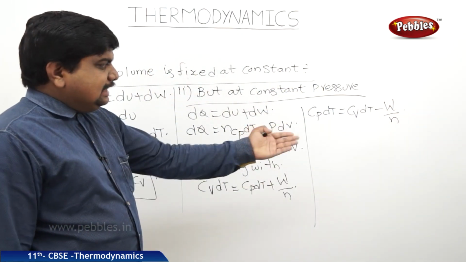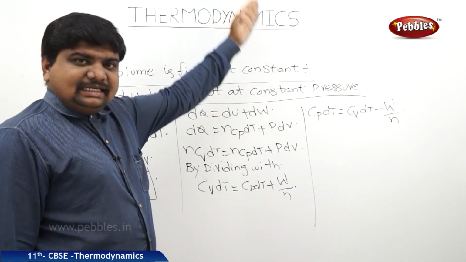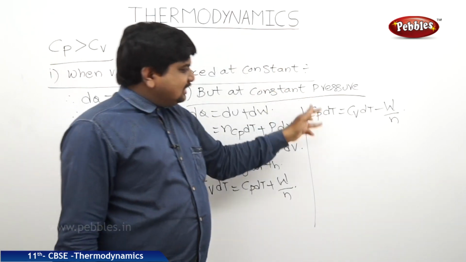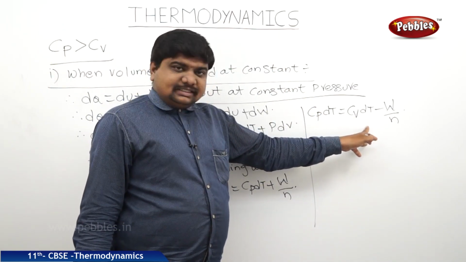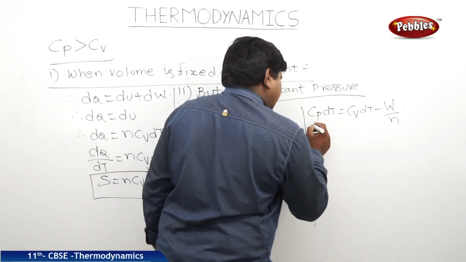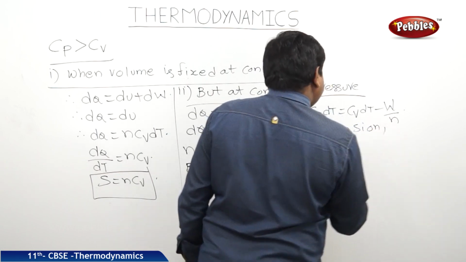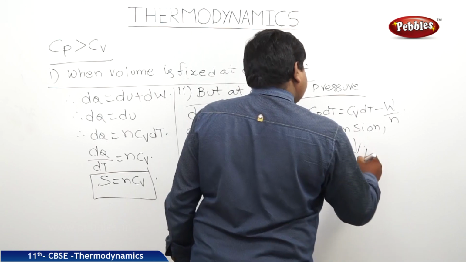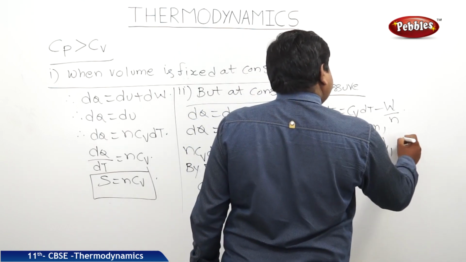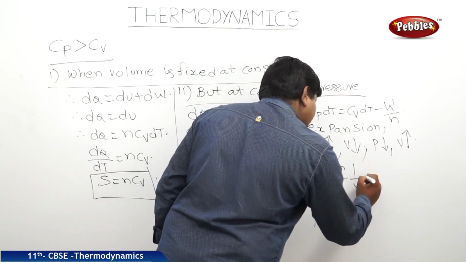If the work done is in reverse order during the expansion, nothing but the pressure increases. In the expansion, pressure increases and volume decreases, or pressure decreases and volume increases, because pressure is inversely proportional to the volume.